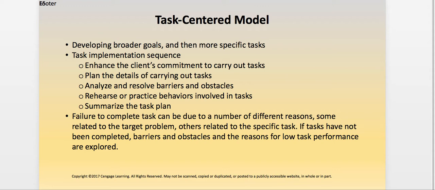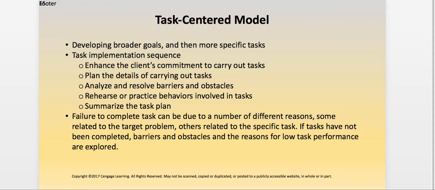You plan the details of carrying out the tasks. You look at the barriers and obstacles, and this is the key thing. It's one way I could always tell, something I noticed among my staff when I had people with social work degrees in child protection, and this isn't true about all of them, and it doesn't mean that other degrees weren't useful either.